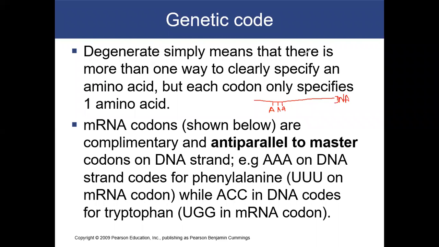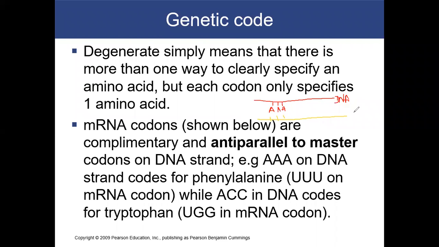Yeah, so this is our DNA. Let's say we have A on the DNA. Then after the RNA polymerase attaches, it will basically create a strand that is anti-parallel to this master strand here.